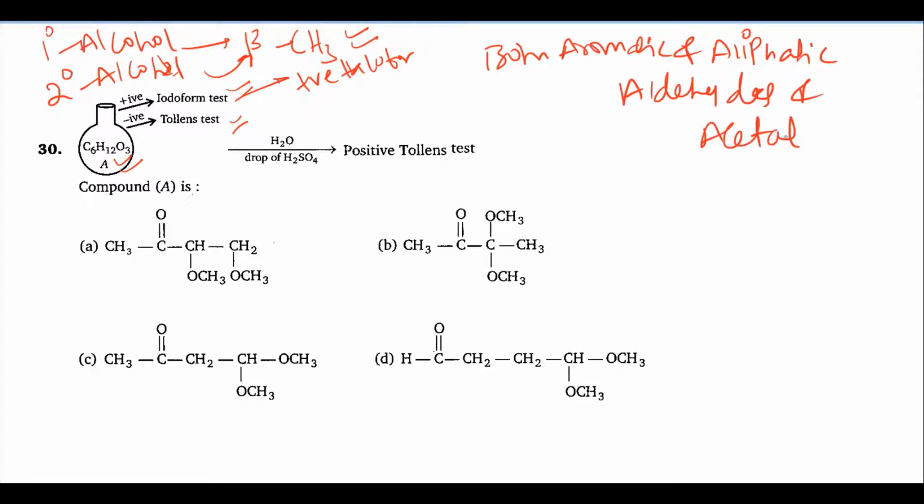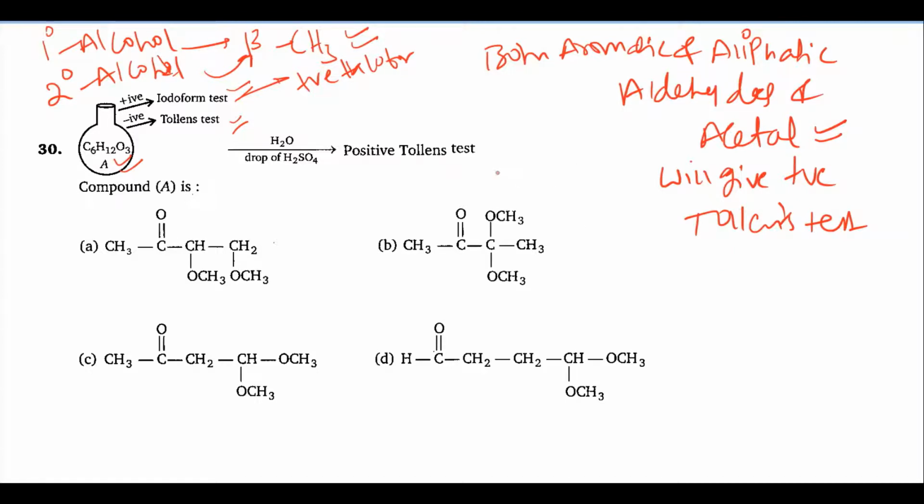Acetal, not hemiacetal. It will give a silver mirror in the Tollens test. What is the Tollens reagent? Ammoniacal silver nitrate is known as Tollens reagent. So this will give a silver mirror.